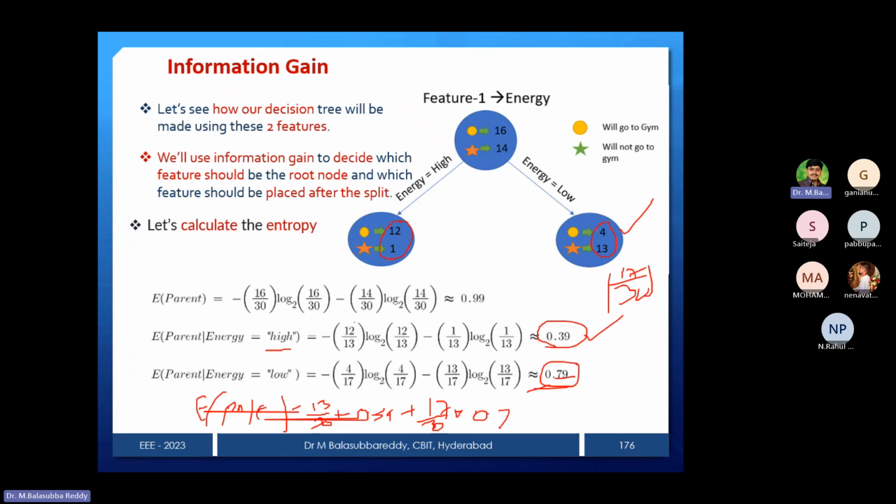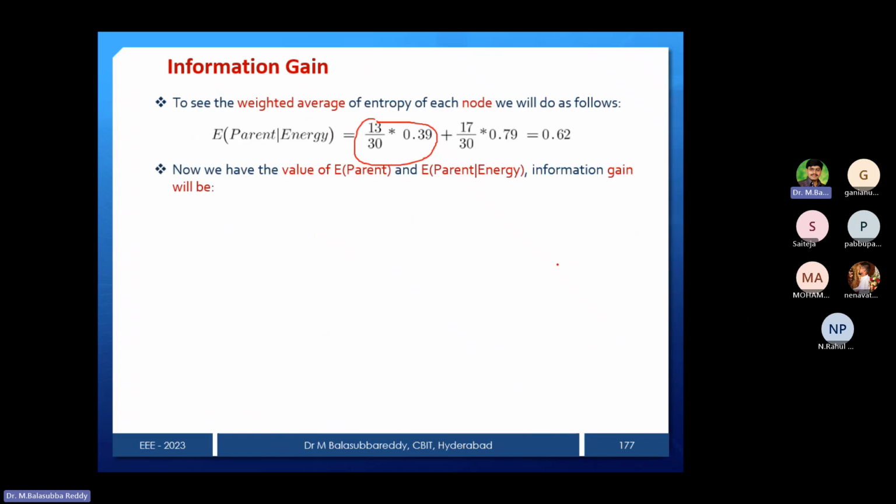This is the weighted average I calculated, and we got 0.62.